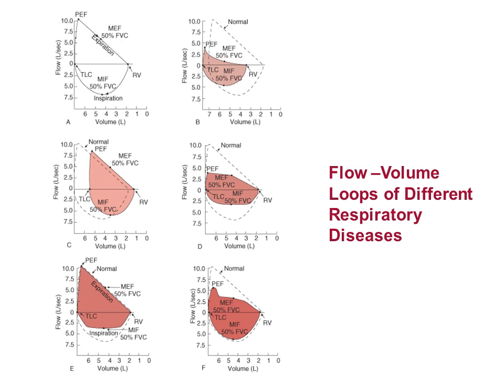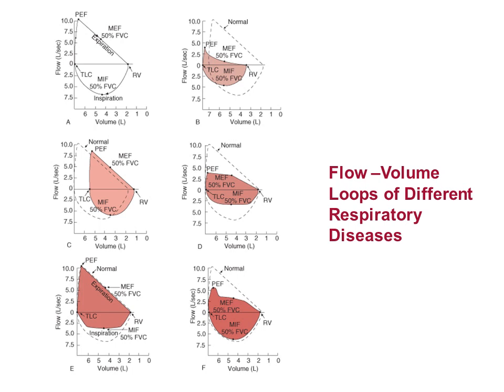So there is an increase in the resistance for inspiration and an increase in the resistance for expiration. So the curve will be cut from the upper part and the lower part, and that's what you can see here in diagram D.